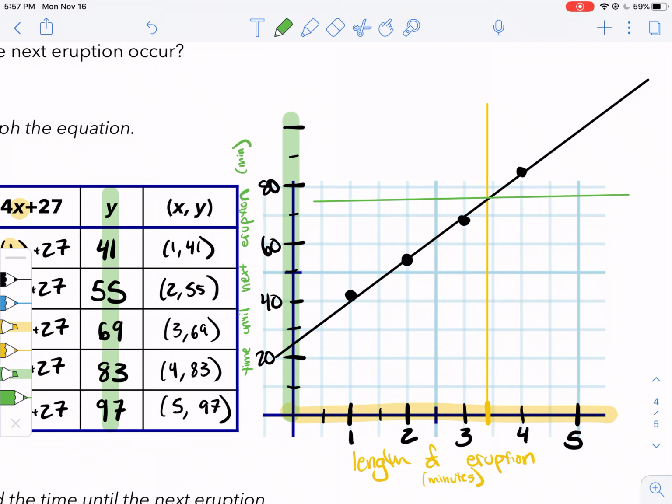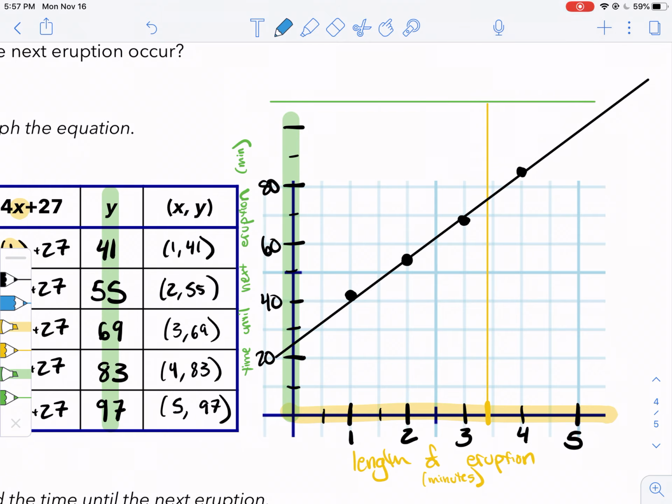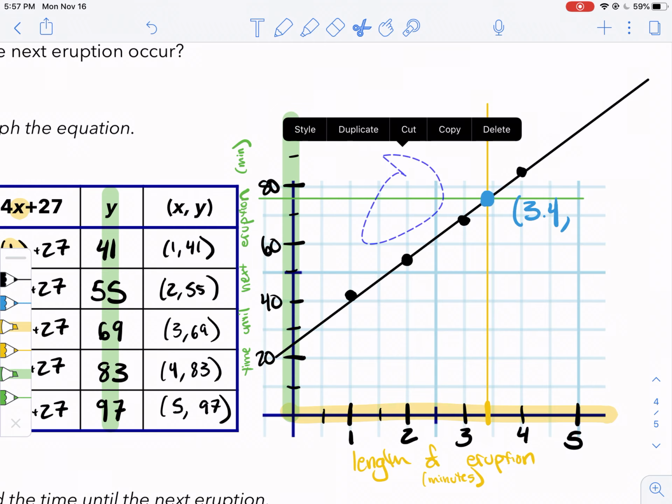Okay, now we need to figure out what y value this is at. If we have them intersecting, where's my horizontal line? There's my horizontal line. Right there, we need to figure out where that is. So what I'm looking at, guys, is we need to find the coordinates of this point. We already know we go over 3.4, but how high is that point?